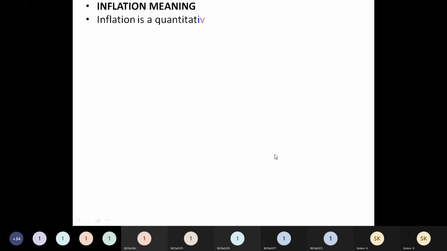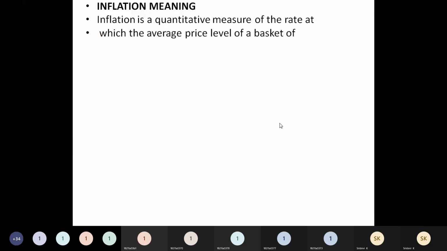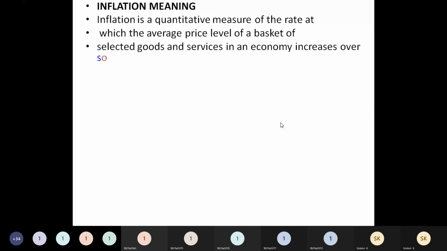What is the meaning of inflation? In inflation, we are going to measure, a quantitative measurement is done here. What is the average price? How are we going to say that it is inflation?